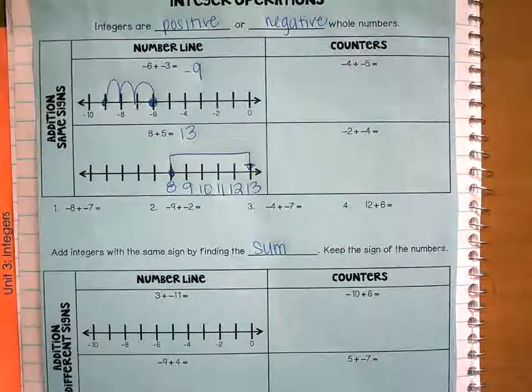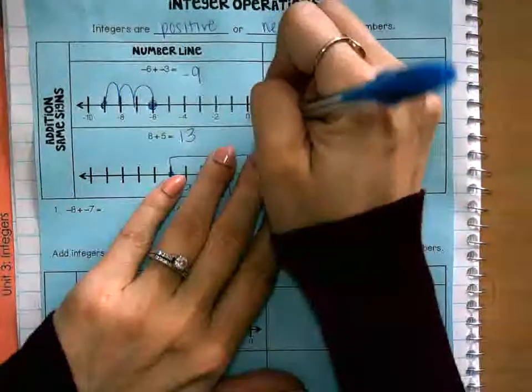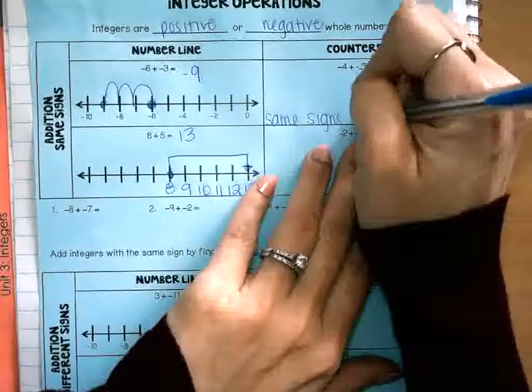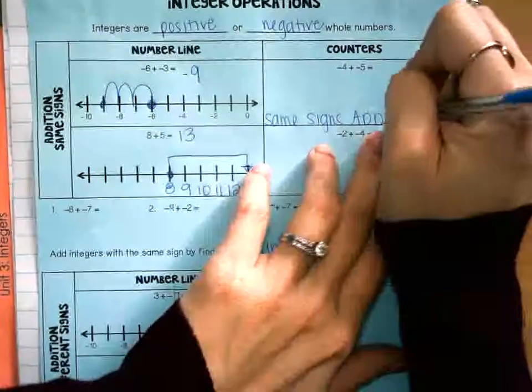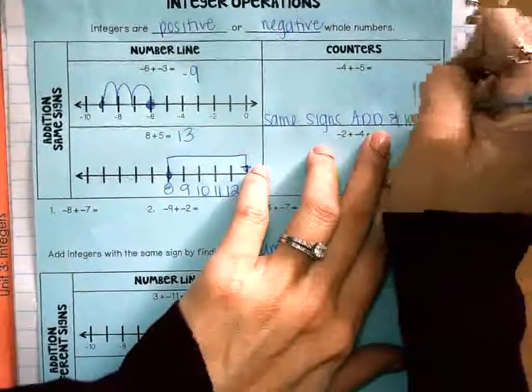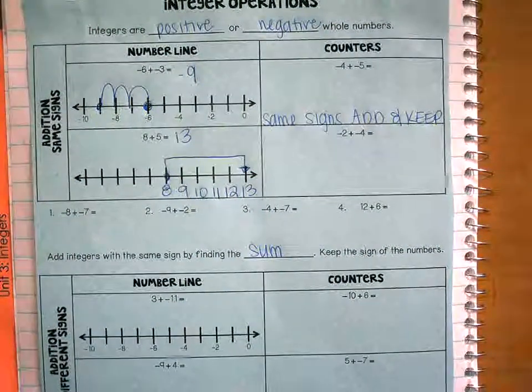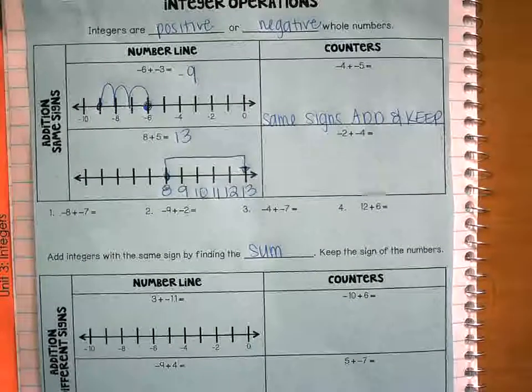Here's the phrase that I always say: same signs, add, and keep. If your signs are the same, you add your two numbers, then keep the negative or keep the positive, whichever one they are.